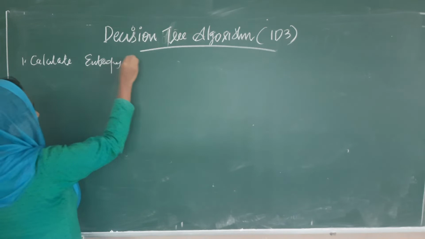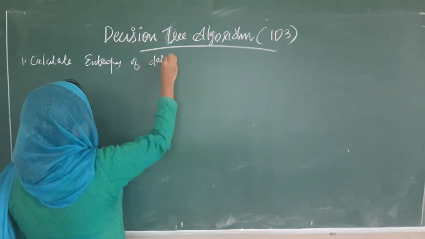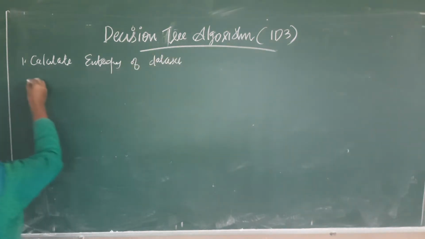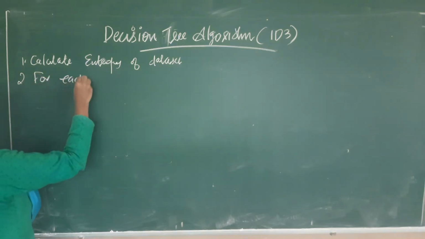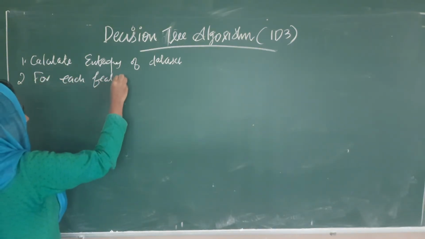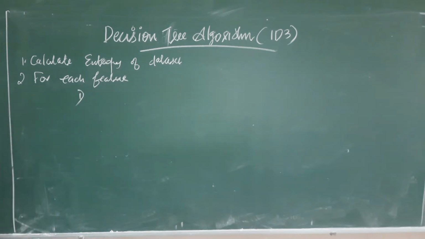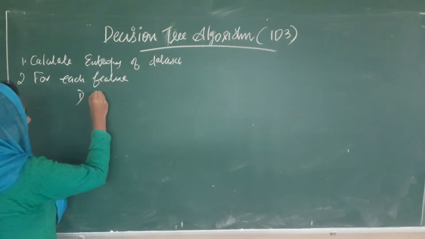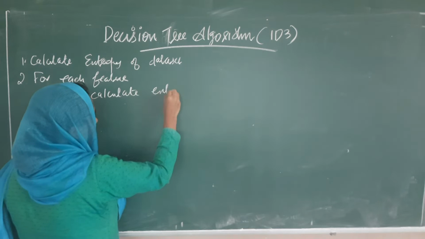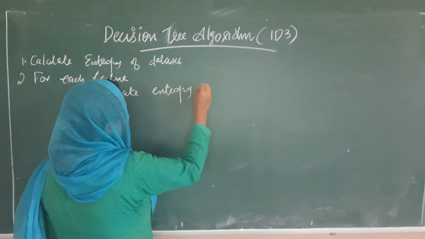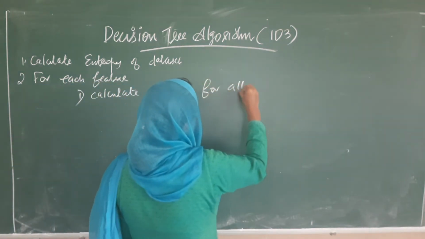And the second thing that you need to do is, for each feature, you have to do two things. The first thing is you have to calculate entropy for all its categorical values.